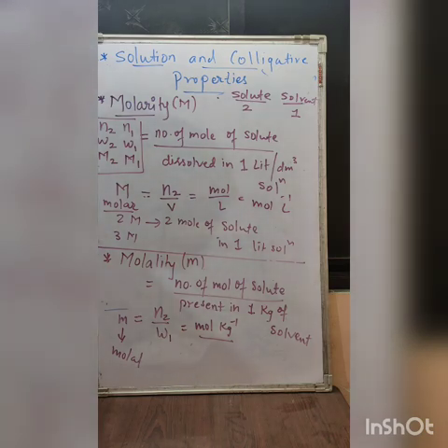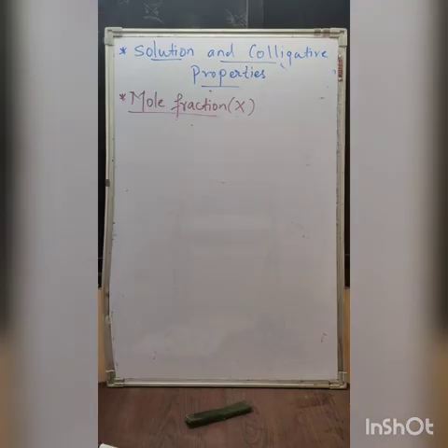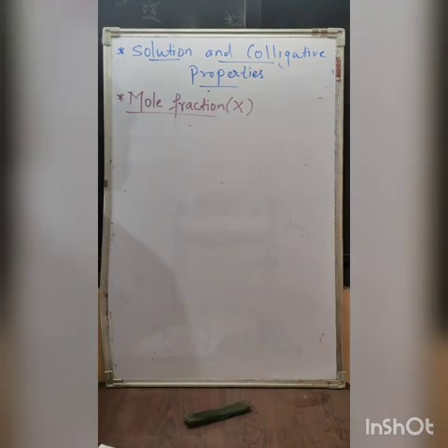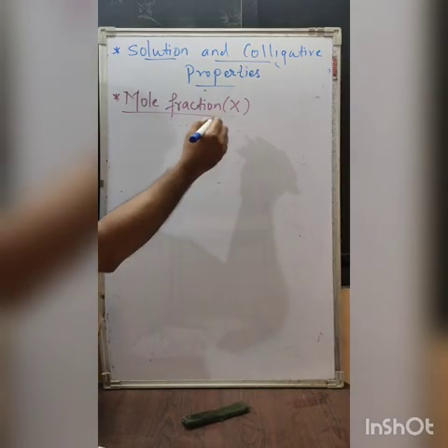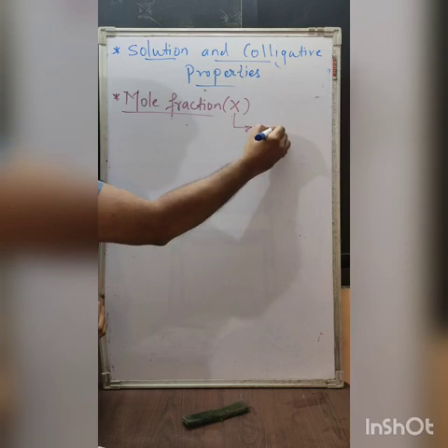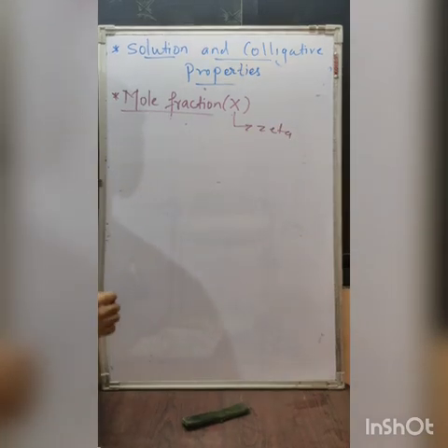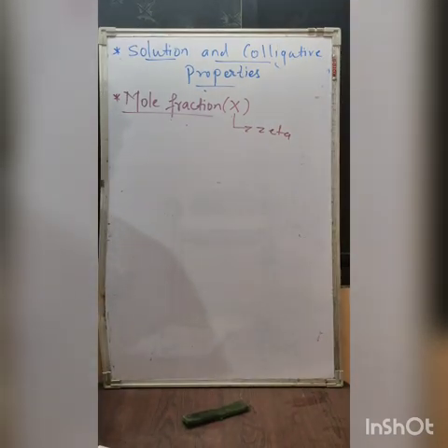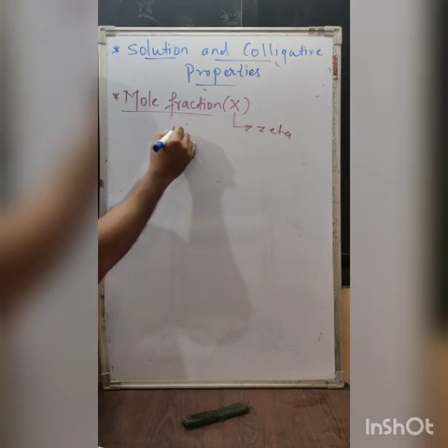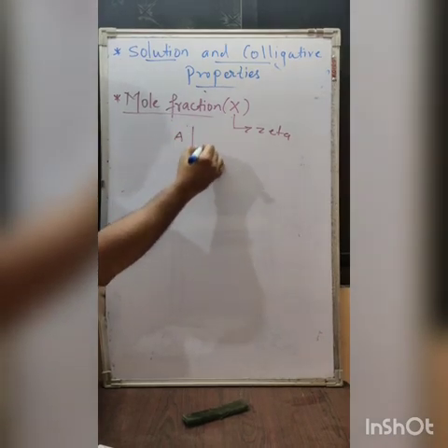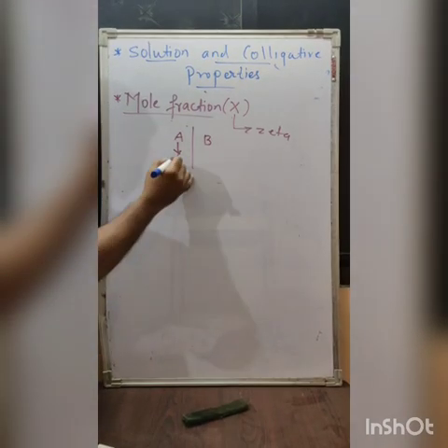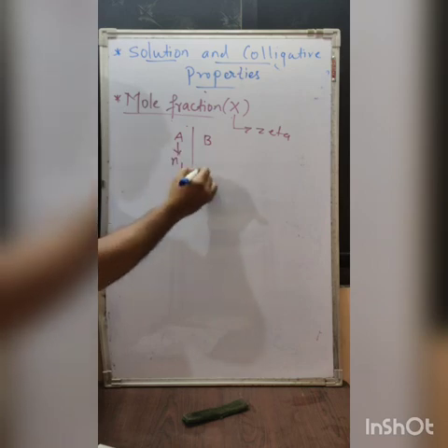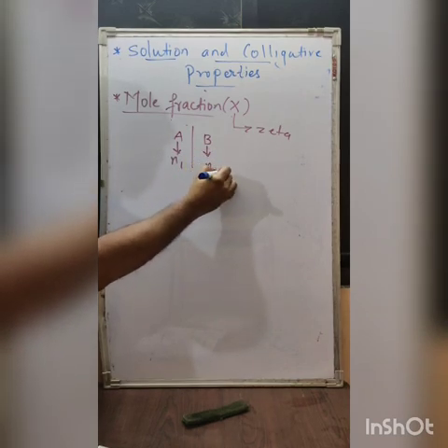So next topic is mole fraction. The last concentration term is mole fraction, which is denoted by the symbol X, which is called zeta. So what is mole fraction? Suppose I have taken a two component system, one is A and the second is B. A component has number of moles N1 and B component has number of moles N2.